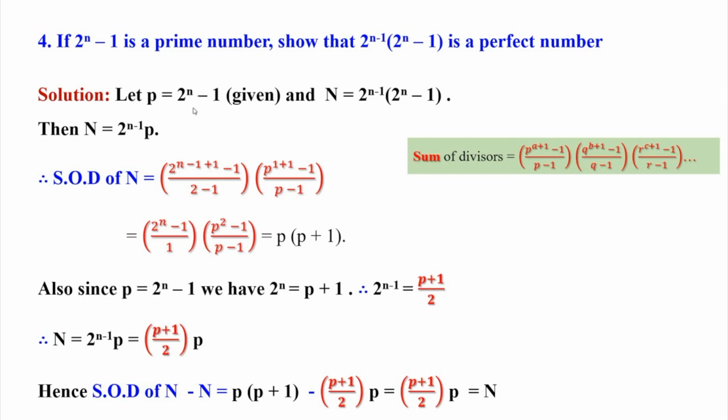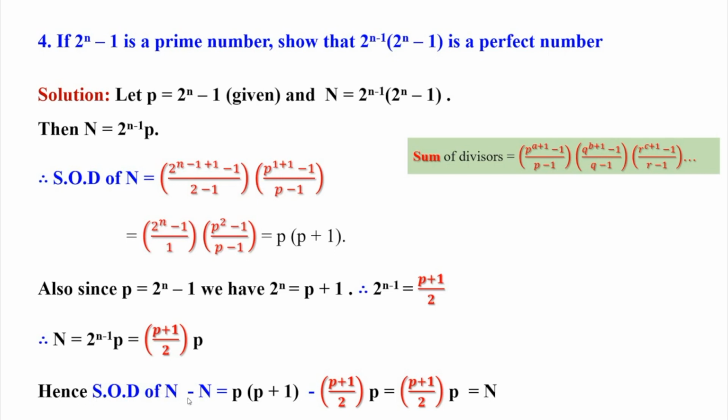Also, since p is this, we have 2^n to be p plus 1, and therefore 2^(n-1) will be (p plus 1) by 2. Now N is 2^(n-1) into p, and in terms of p, if you want to rewrite this, we just substitute, so you get p into (p plus 1) by 2.